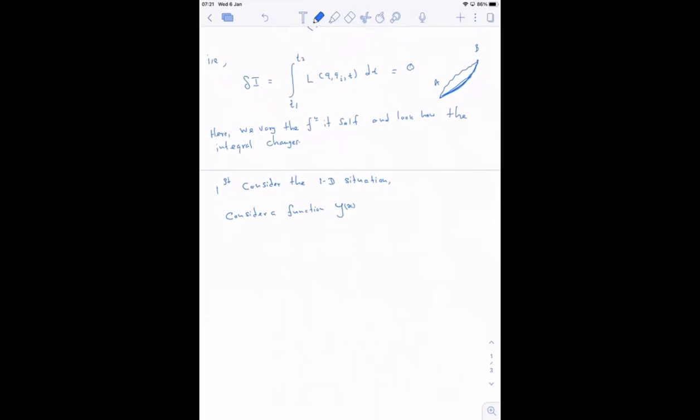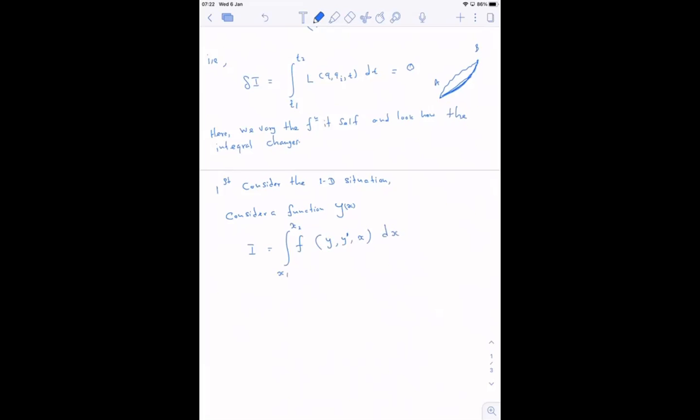Now let me write the above integral for the one-dimensional case. So let's assume that this changes from x1 to x2. Now for our function f, I'm going to replace the Lagrangian with a function called f. And this is a function of y dash, or you can say y dot or something like that, and x, and dx.